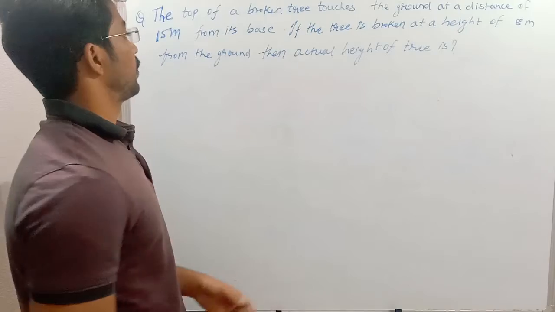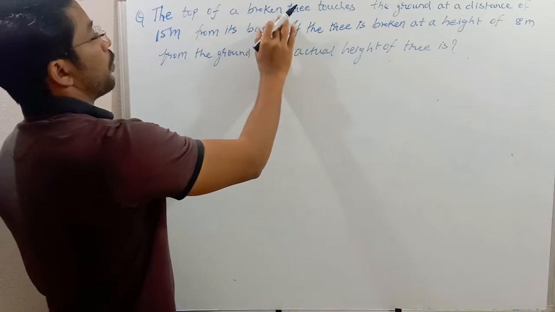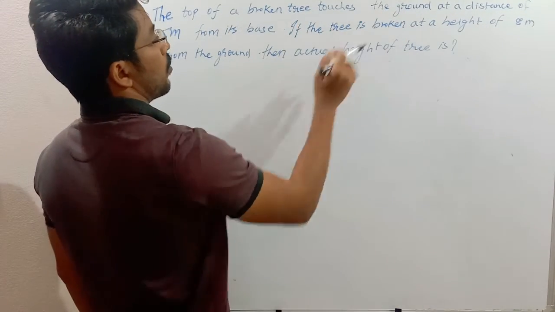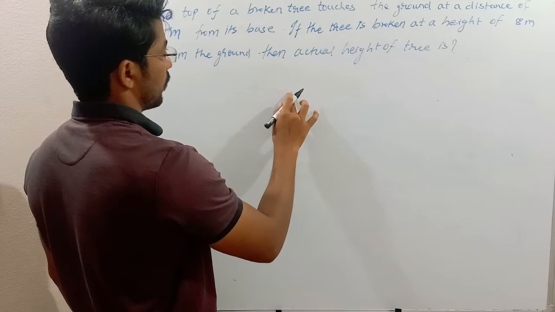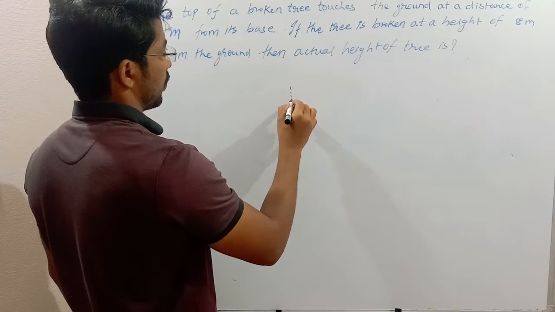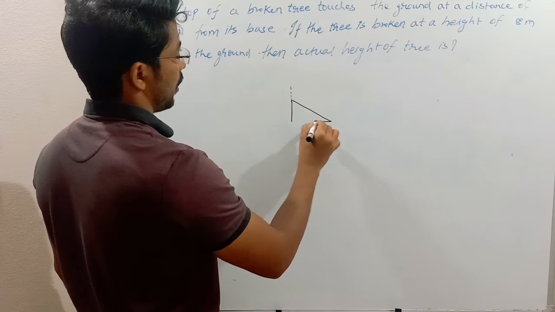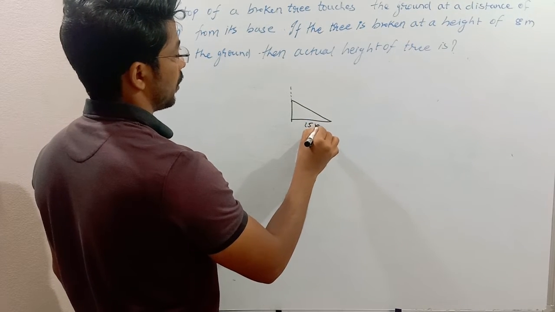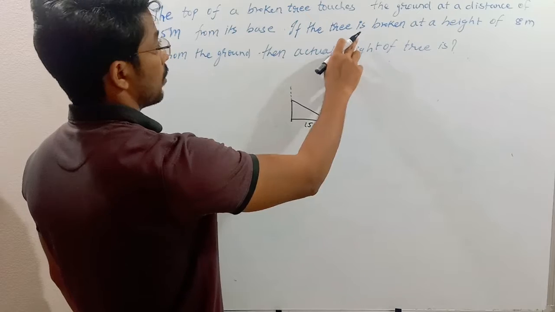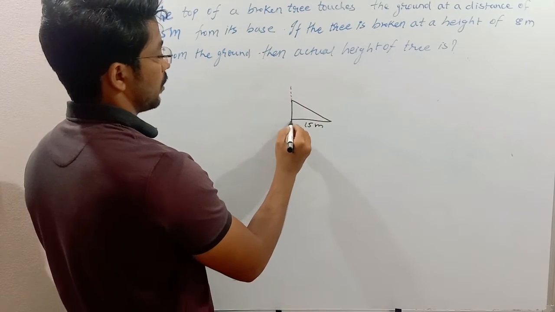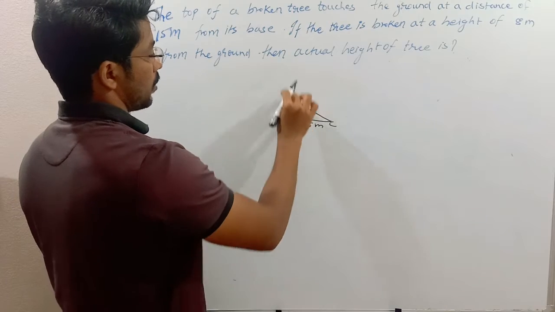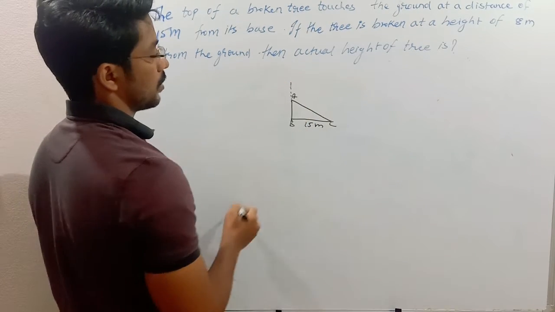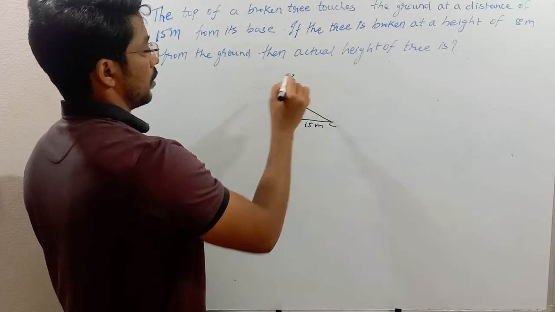Now second question. The top of a broken tree touches the ground at a distance of 15 meters from the base. So this is the base, and this is the actual tree.